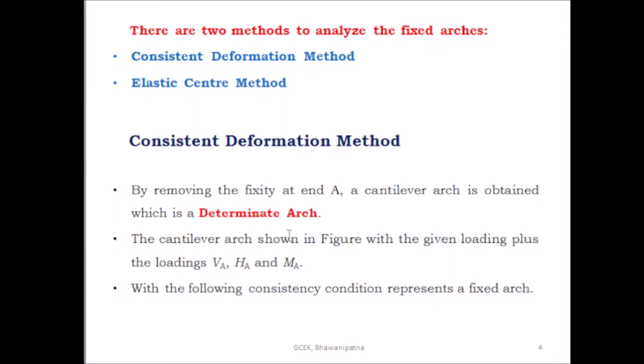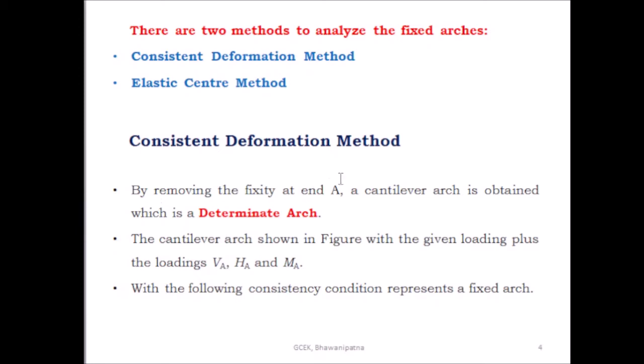Then apply these redundants as loads acting on the basic determinate structure. For each redundant we can write one equation. If the degree of indeterminacy is n, then we get n simultaneous equations. After solving the equations, we can find the redundants.